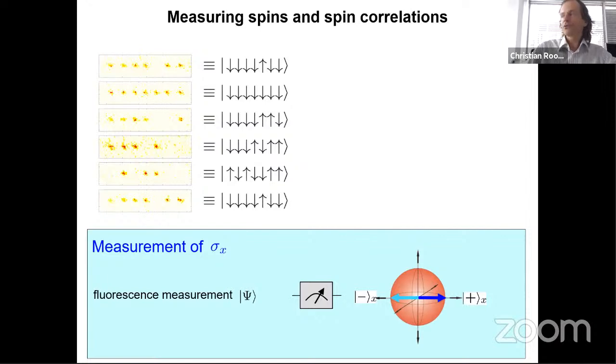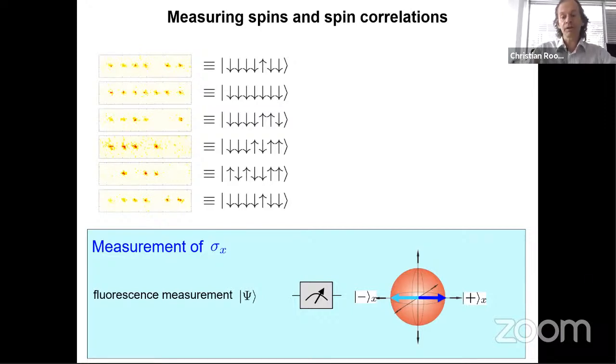However, we only have the fluorescence measurement as the natural measurement for detecting quantum states of the ions. And in order to carry out measurements in different bases, what we need to do is to coherently rotate the states onto which we would like to project into the states in which we can carry out the measurement.